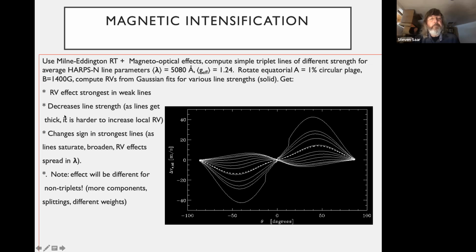So the effect is strongest in the weaker lines and decreases with line strength. Basically, as the lines get more optically thick, it's harder to increase the local radial velocity.